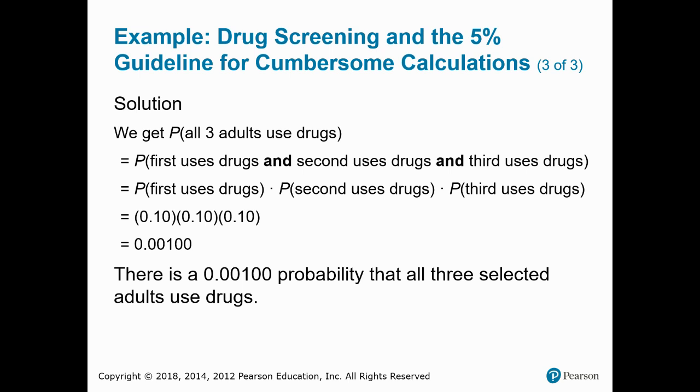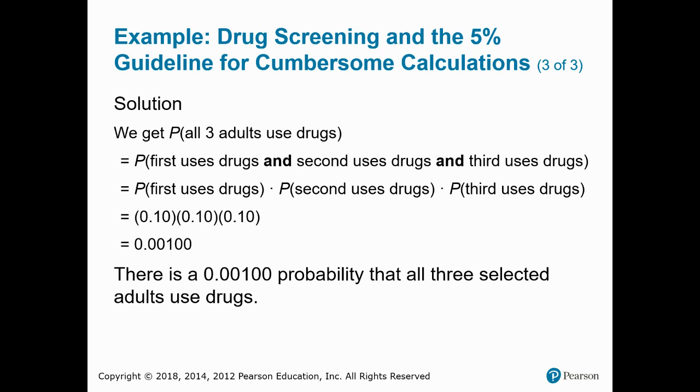Multiply that together and you get 0.001. That's much easier than figuring out 10% of 247,436,830 and going down from there, which would be a very cumbersome calculation. This you could do quickly, and rounded, there's probably not one bit of difference in the number, because the sample is so small.